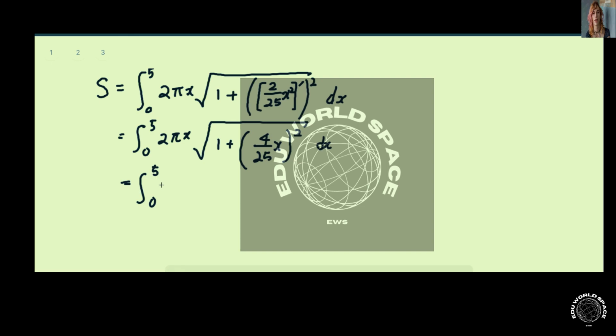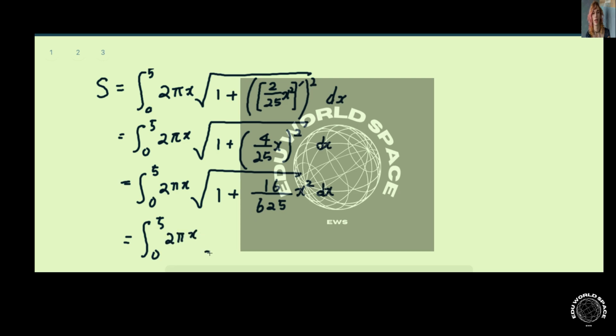0 to 5, 2 pi x times square root of 1 plus 4 over 25 x squared, 625 in the bottom, 16 in the numerator, x squared dx. Okay, 0 to 5, 2 pi x.